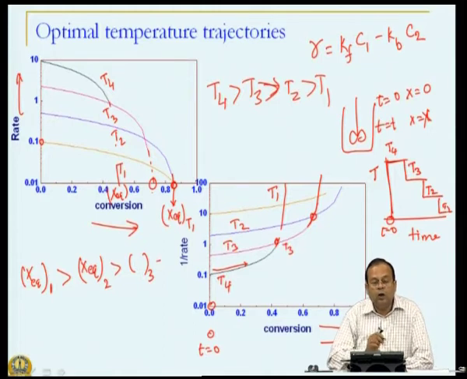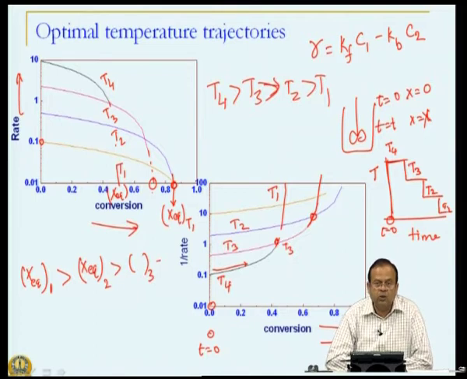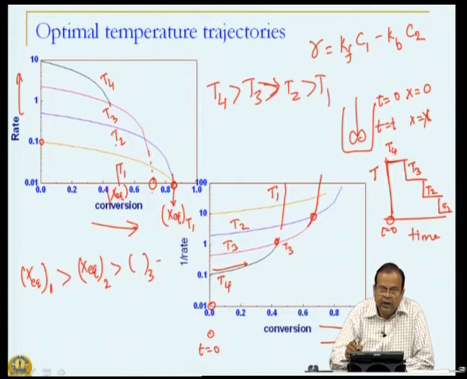So, how should I operate my batch reactor for a reversible exothermic reaction? If I am trying to do it in a non isothermal manner, keep high temperature initially, then lower the temperature, further lower the temperature. So, what is the idea now? Initially we are nowhere near equilibrium.